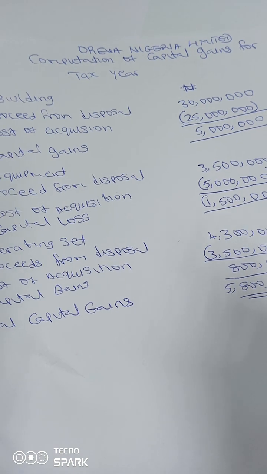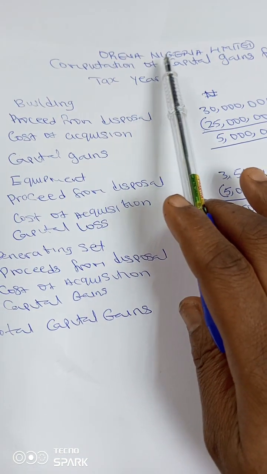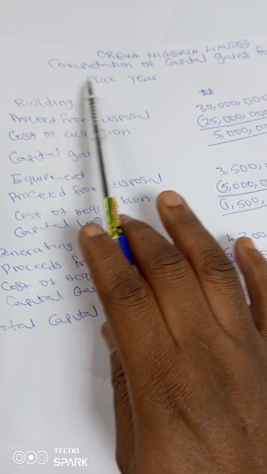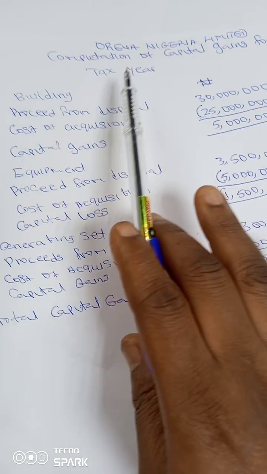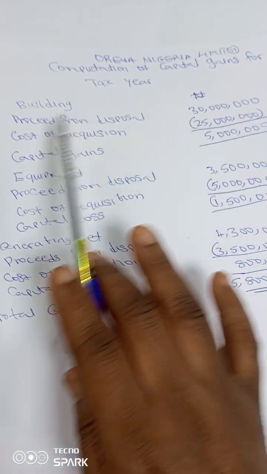You always have to write the company name according to how it is in the question. Okay, Oreva Nigeria Limited. Computation of capital gains for the year 2013, which is the tax year.